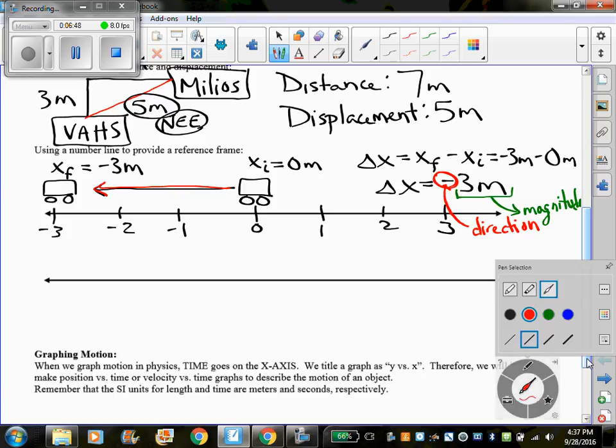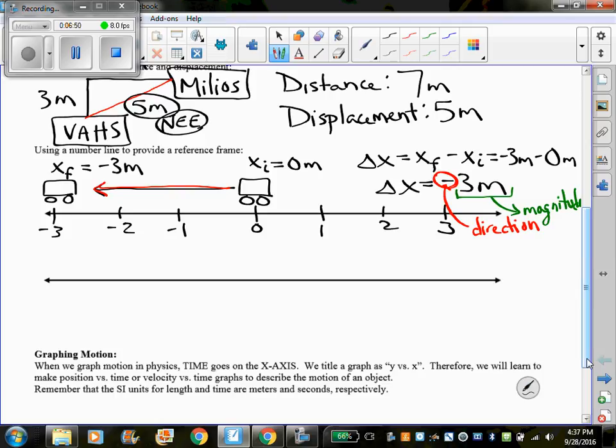Let's do another example. All right, so let's set up another number line. And we're going to keep the same thing, right? The positive numbers were on the right, negative numbers were on the left. And let's have our car drive to the right. So we'll have him start where we were before.